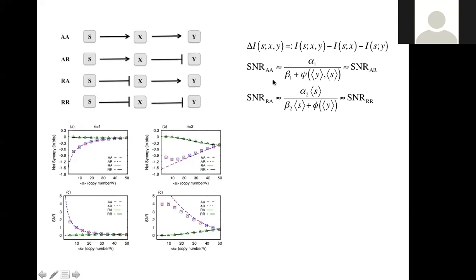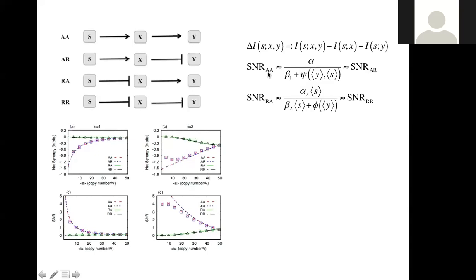So what is happening here? We see the SNR for AA and AR are the same, and the SNR for repression-activation and repression are the same. We have a very big expression for this signal-to-noise ratio, the fidelity, and we did some approximation and arrived at a simple functional form.